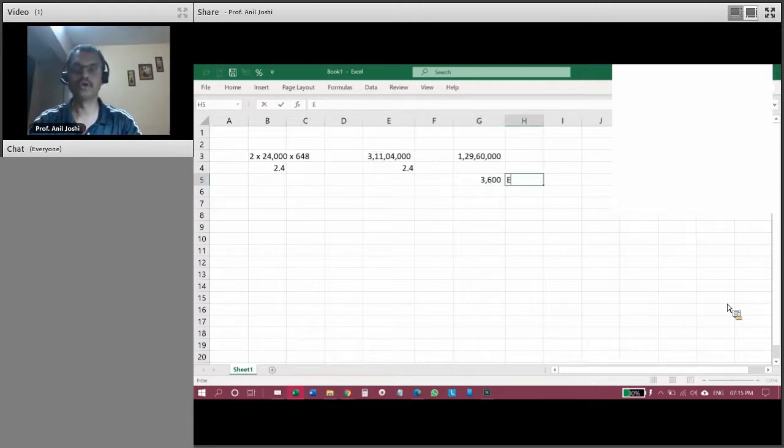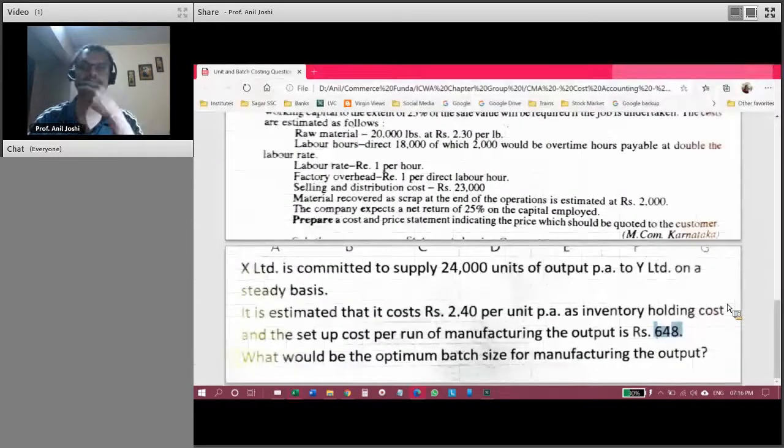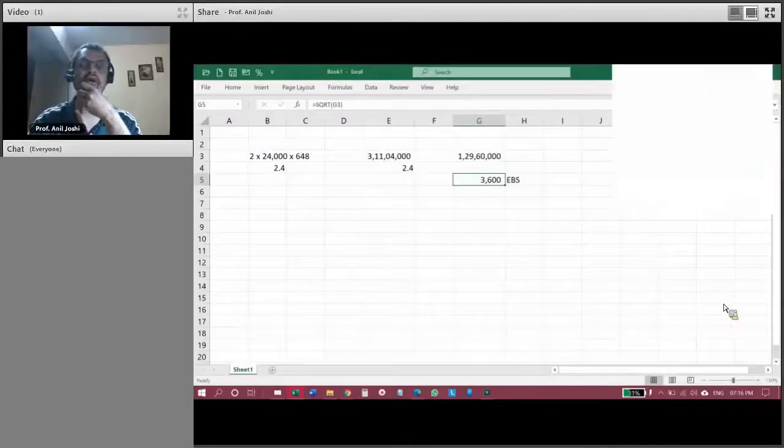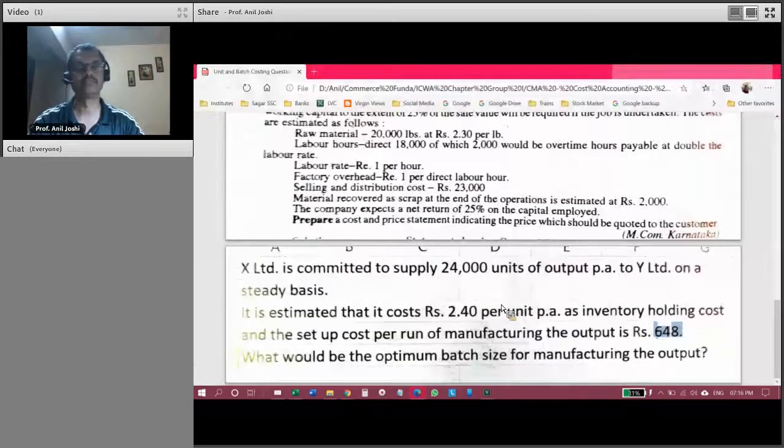So this is your economic batch size. So at a time when you set up the batch, how many units of output should you manufacture? The answer is 3,600 units.